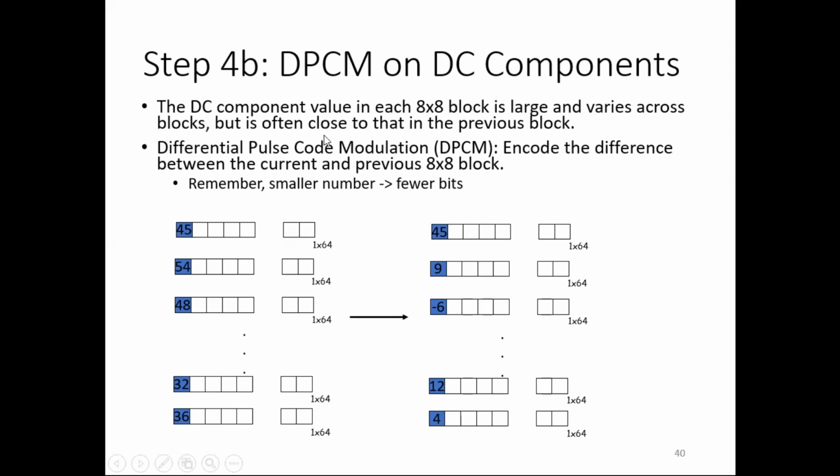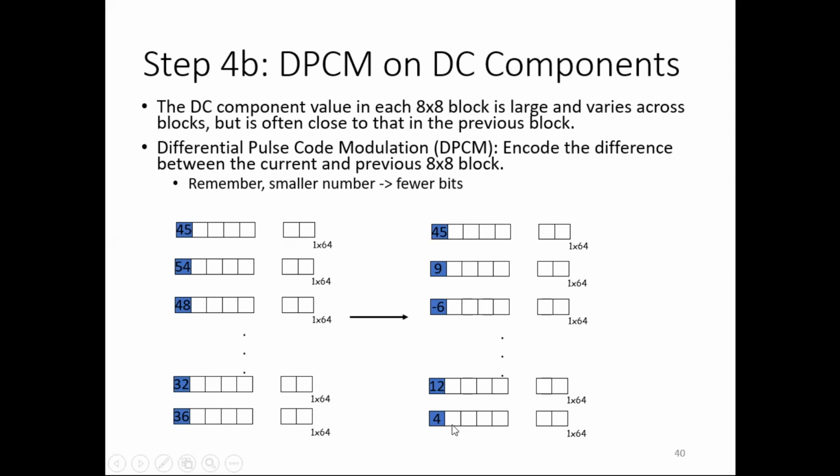After applying DPCM to the DC components of these vectors, we come up with these numbers, right? We subtract the previous value from the next value. 54 minus 45 is 9. 48 minus 54 is minus 6, and so on. Then 36 minus 32 is 4, right?